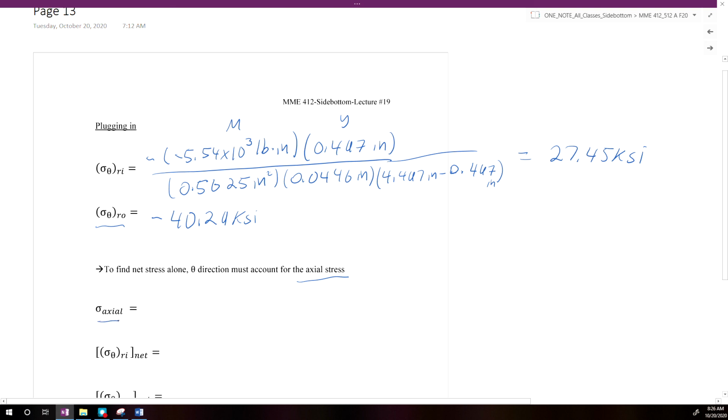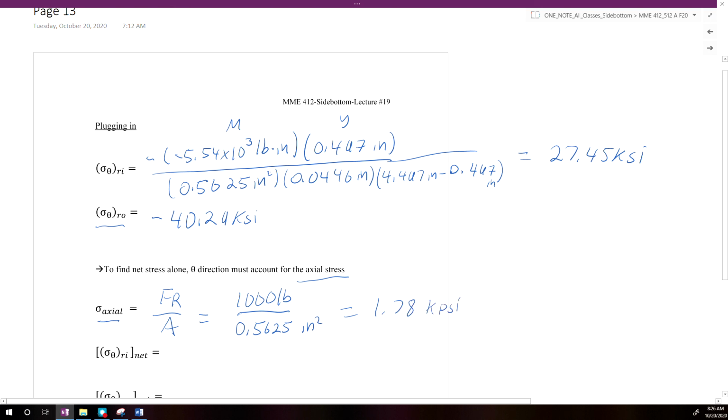The axial stress is just equal to our reaction force divided by our cross-sectional area. So we just have 1,000 pounds. It was in tension, so it should be positive. And then our area was equal to 0.5625 inches squared. Okay, so that should give us a stress of 1.78 kpsi.